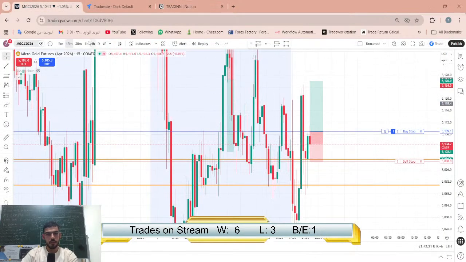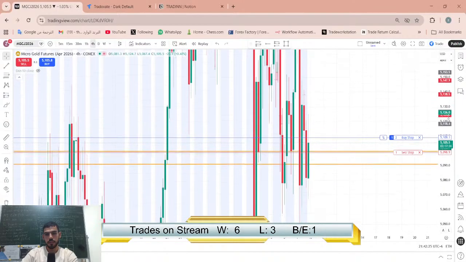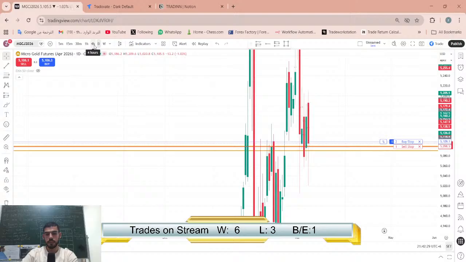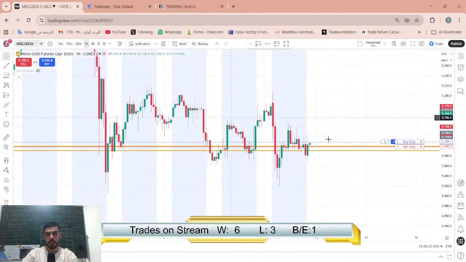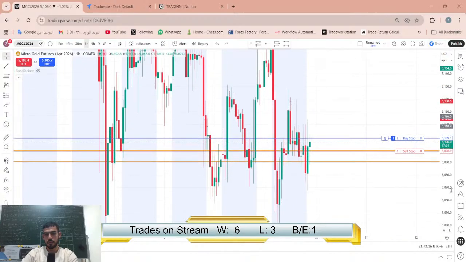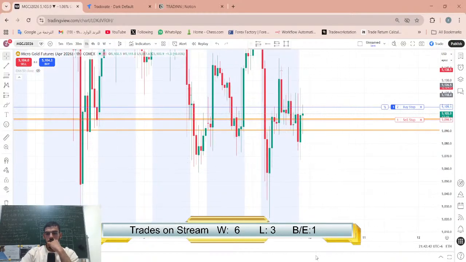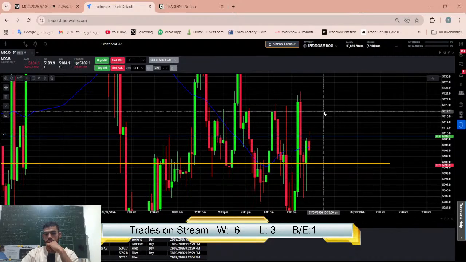Our bias is very choppy. The daily is bearish, 4 hours also bearish. Only the 1 hour is bullish.